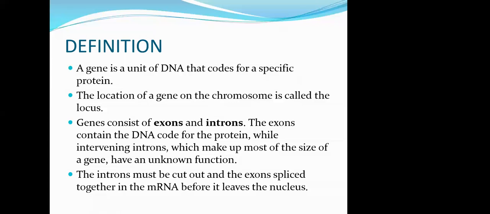The exons are the fewer ones, and they're the ones which have function. The introns are big, but they usually don't have any function, and they make up most of the size of a gene. And the introns must be cut out, and the exons put together in mRNA before leaving the nucleus.